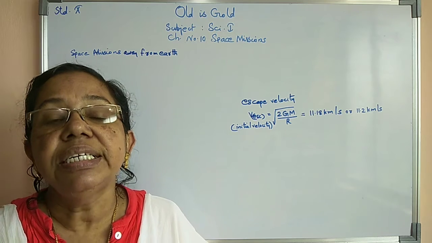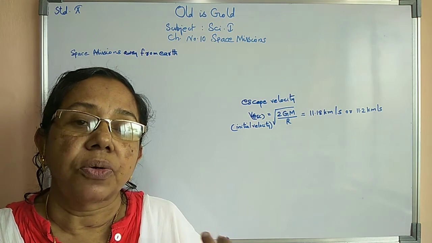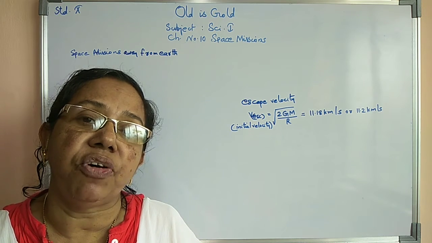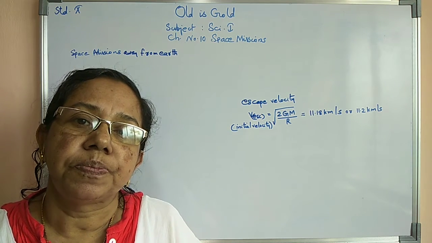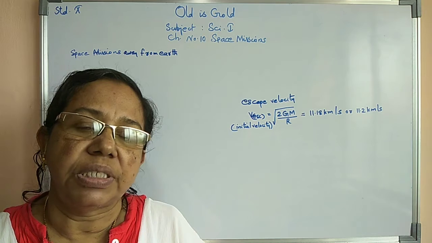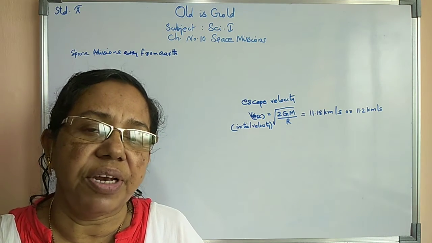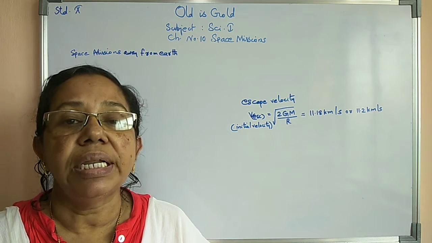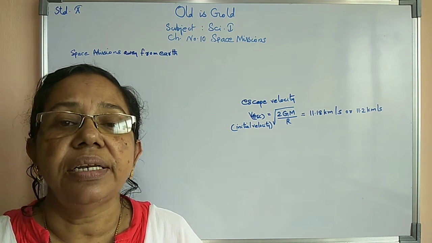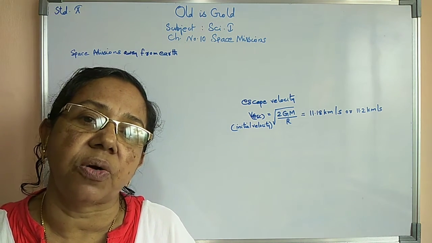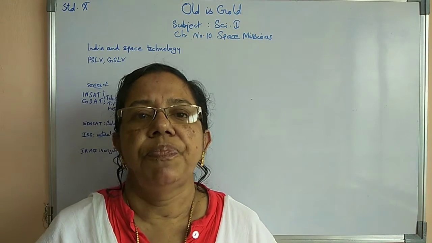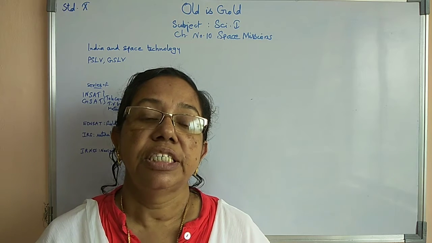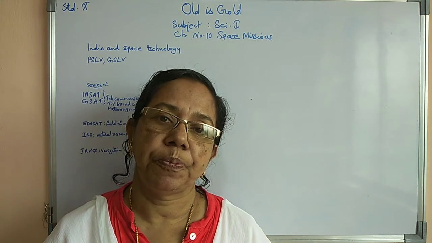As a result, scientists could get more and more information about the Sun, the different planets, the Moon, even more detail about the origin as well as evolution of the solar system. India has made so much progress in the field of space technology.